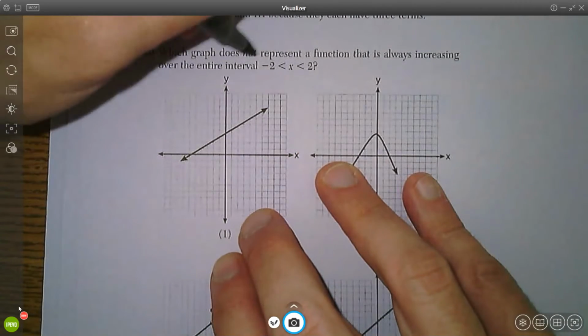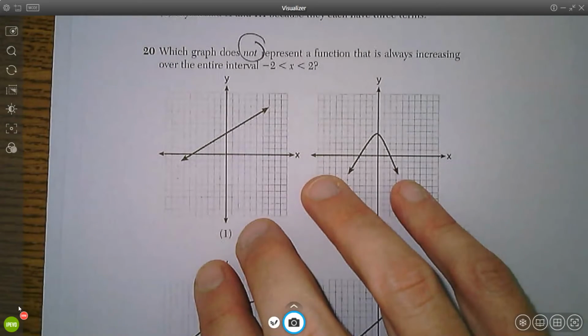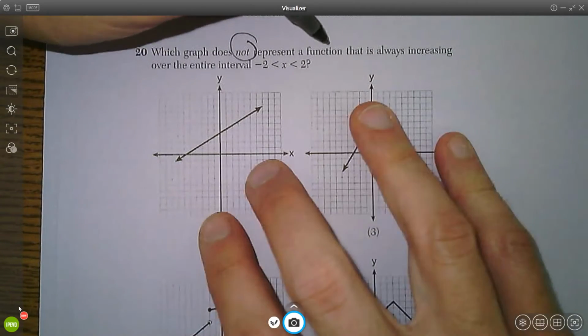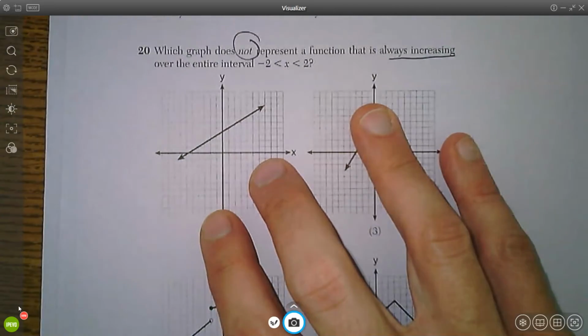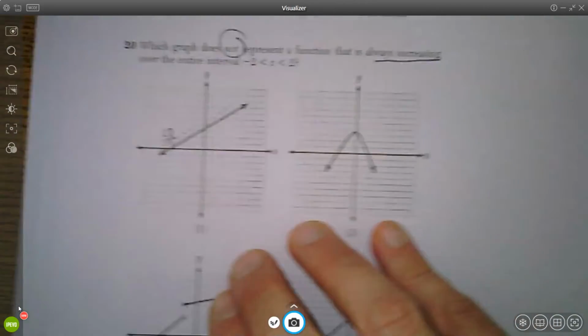Which graph does not represent a function that is always increasing? Well, okay, so this isn't talking about a function that's always increasing. All right, so here's this little dude. He's walking. He's always going uphill.